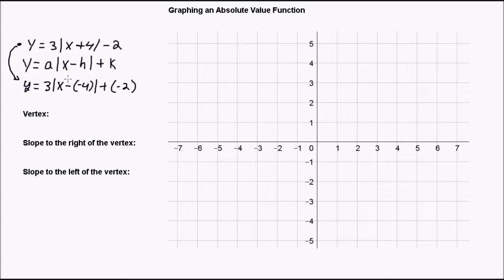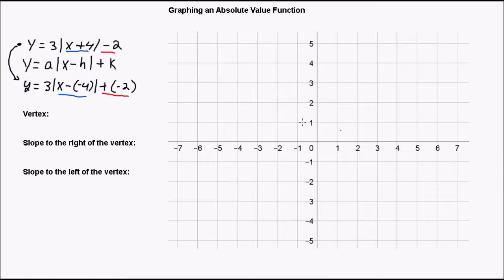We know that minus negative 4 is the same thing as x plus 4, so this expression right here is equivalent to this expression. We also know that plus negative 2 is the same thing as minus 2. So I've just rewritten it to look like this form that we're familiar with.